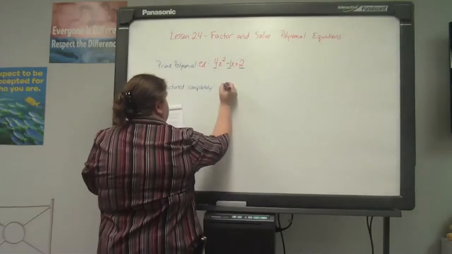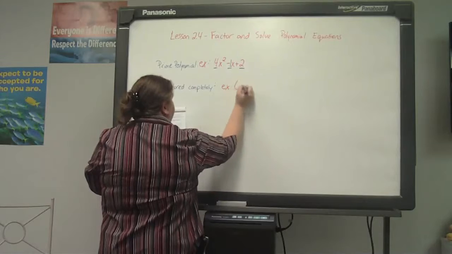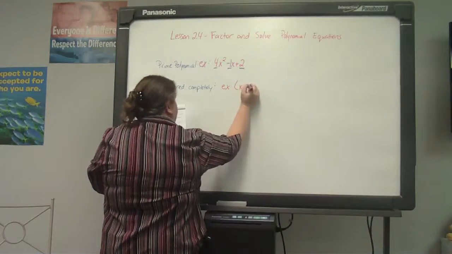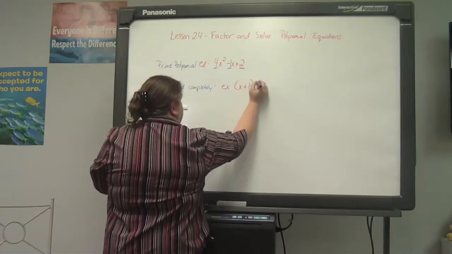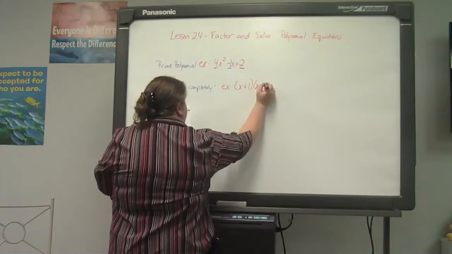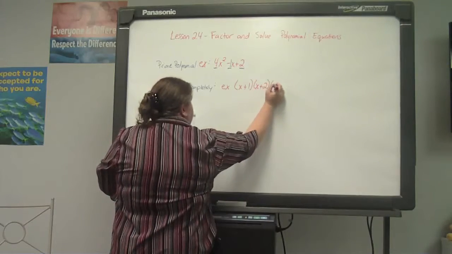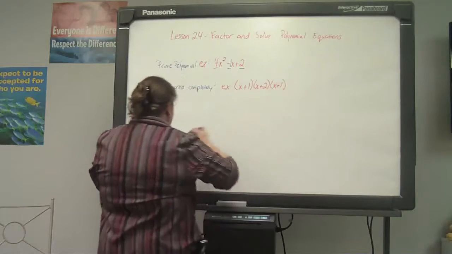Another example for factored completely is x plus 1 times x plus 2 times x plus 1.